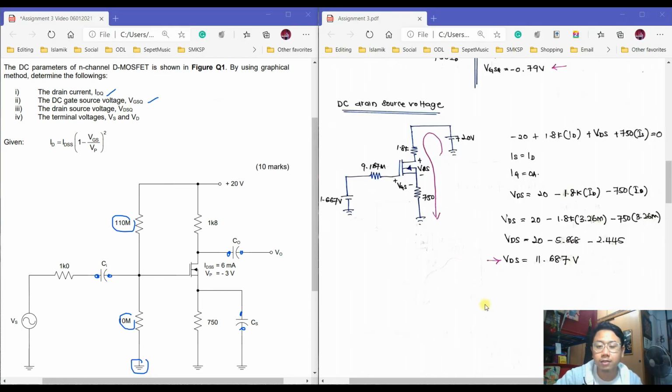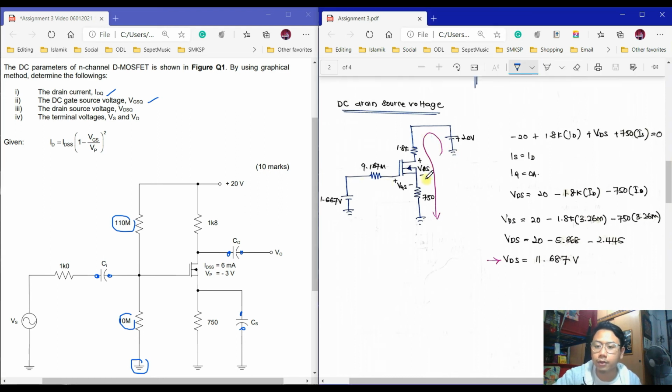Okay, next, to find the DC drain source voltage, we just use back the figure before that already simplified the RTH and VTH here, and we just need to do a KVL, Kirchhoff voltage law, here to find VDS. So we do the KVL from ground to ground here, and the KVL will become like this.